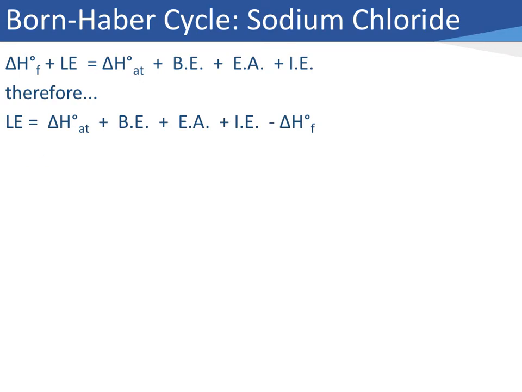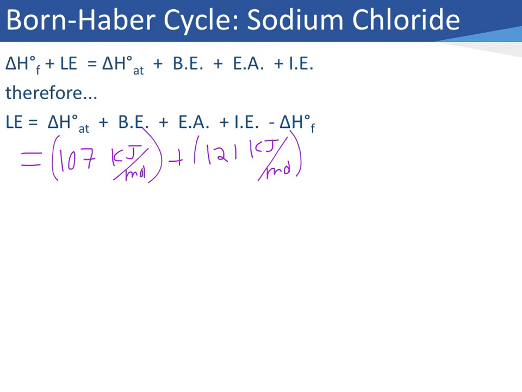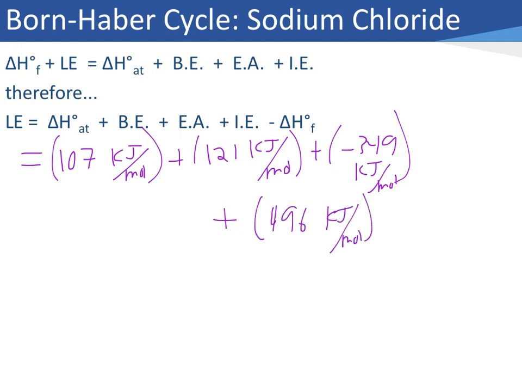So let's do a little bit of writing here. Let's put these values in. The delta H of atomization we found earlier was 107 kilojoules per mole, plus the bond energy, which we found to be 121 kilojoules per mole, plus the electron affinity, which we found to be negative 349 kilojoules per mole, plus the ionization energy, which we found to be 496 kilojoules per mole, minus the delta H of formation for sodium chloride.